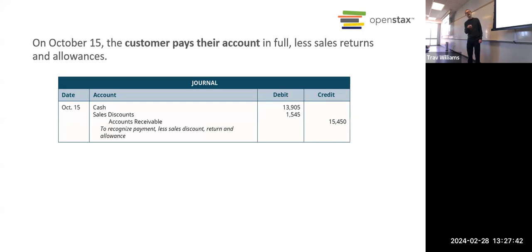They paid less because they also got the discount. They paid within that discount window. And for that discount, we don't reduce their account receivable, but we do reduce how much they have to pay. Okay? Just the way we do it. Any questions out there? All right.